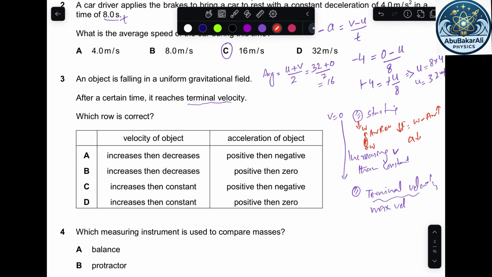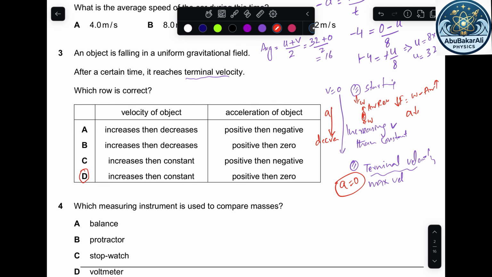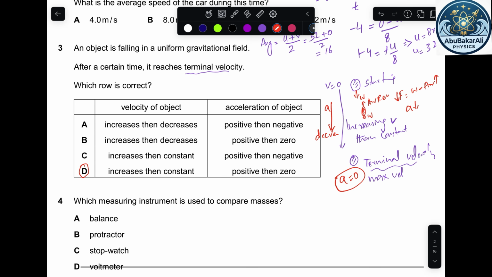That is one way to understand this. The other way is, at terminal velocity we know the acceleration is 0. So to reach 0, the acceleration should decrease. So there are two ways to understand this. It has to reach 0 acceleration, so it should be decreasing towards 0. So it's option D that is correct: the velocity of the object increases then is constant, and the acceleration of the object is positive then 0.